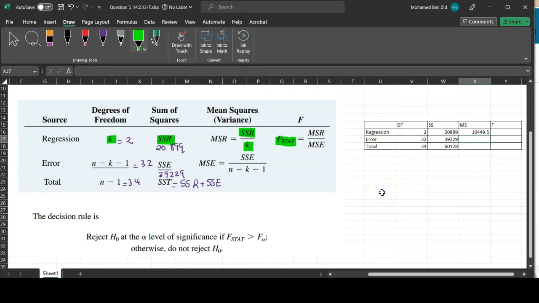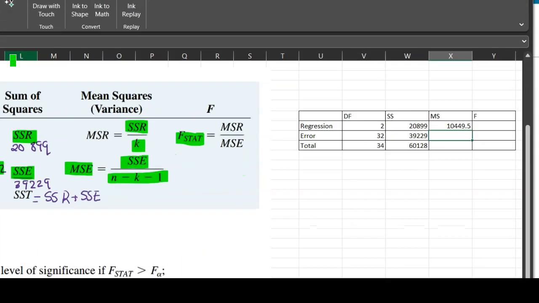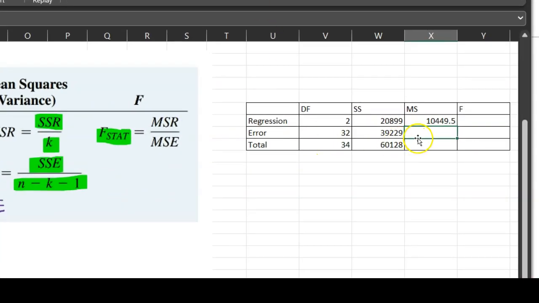I'm going to do a similar operation with the MSE. It's the SSE, the sum square error, divided by the degrees of freedom, which is 32. Again, equal sign, click on SS error, divide by 32, enter.